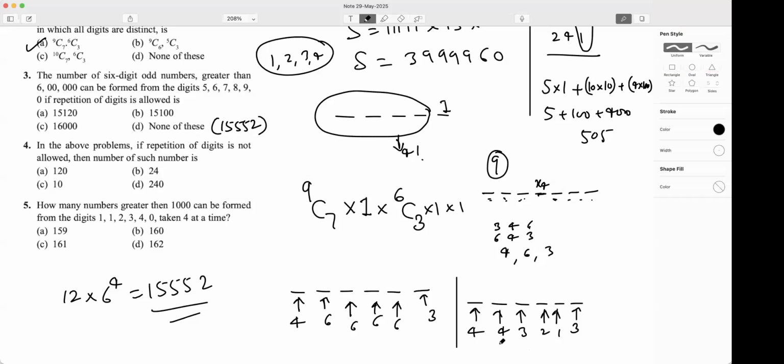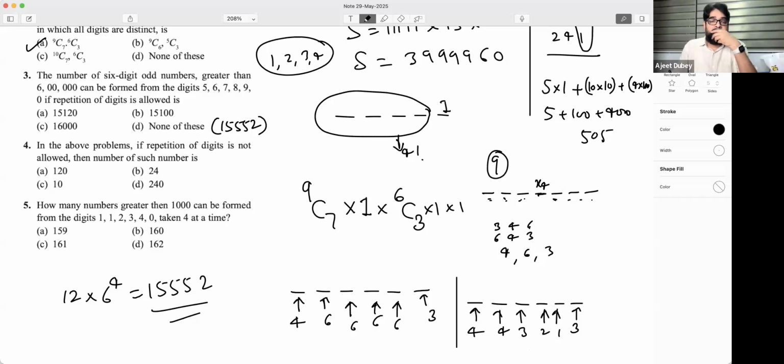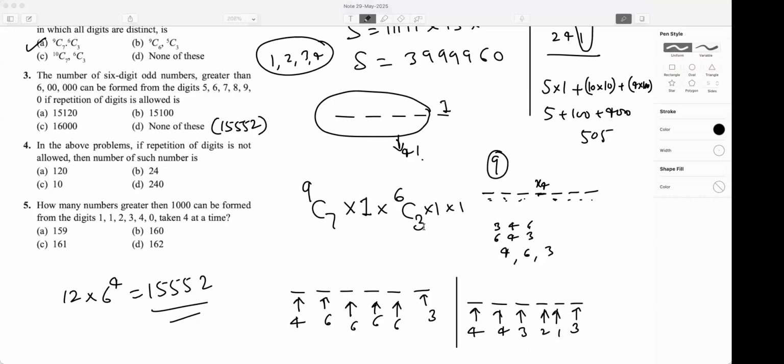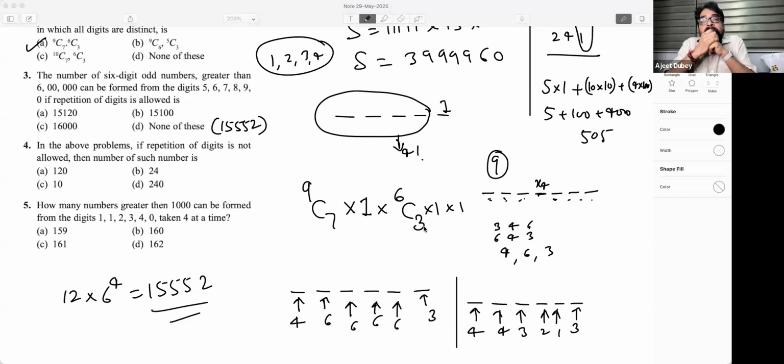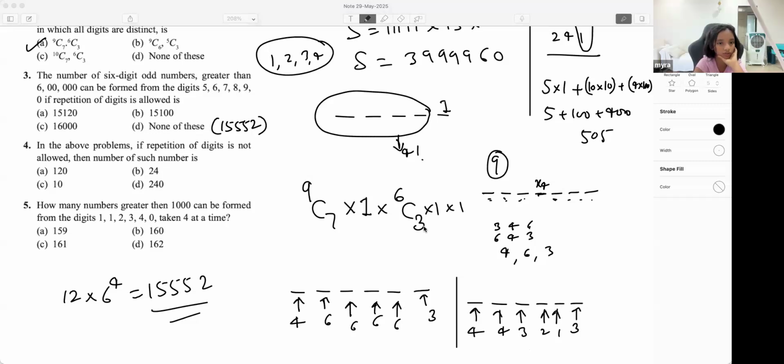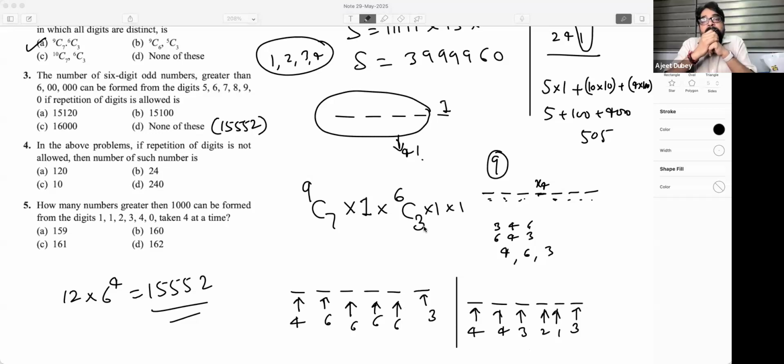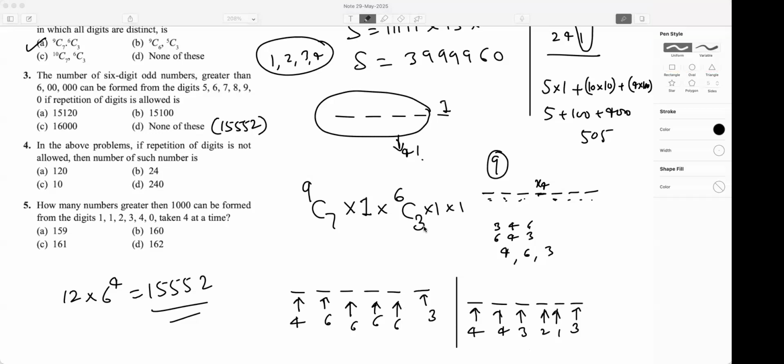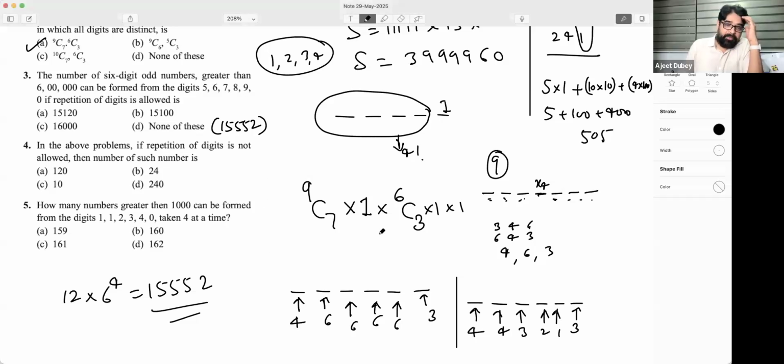Sir, there is no option for none of these, sir, because the multiplication of this is not any of the numbers. So it's 3, 3, 3. Well, let me think. Yes, so the multiplication of 4, 4, 3, 2, 1, 3 is not there. Wait a moment.